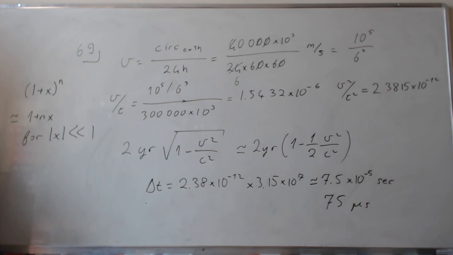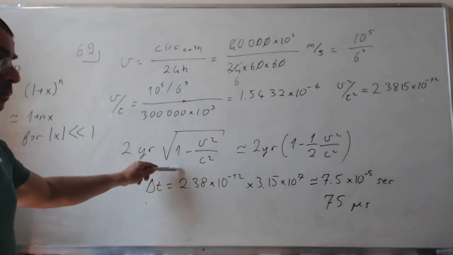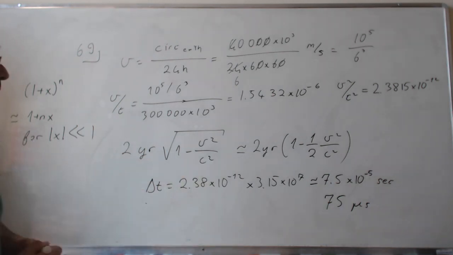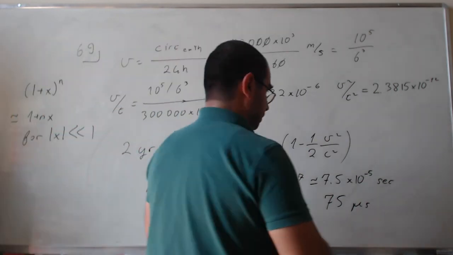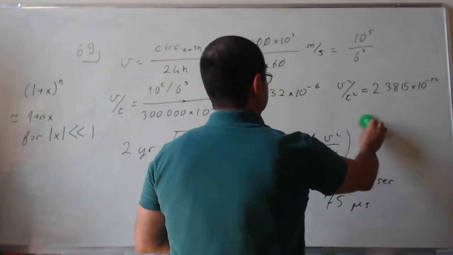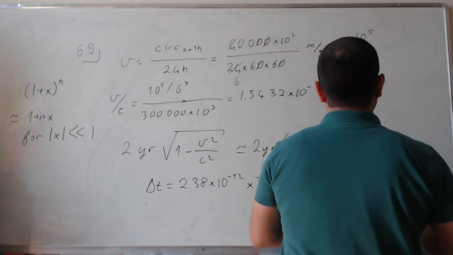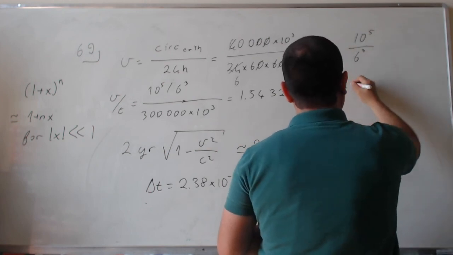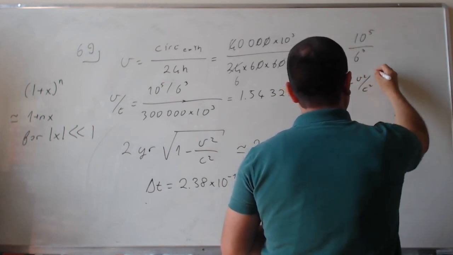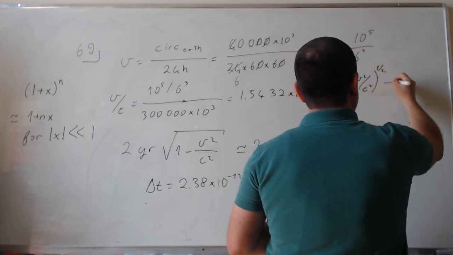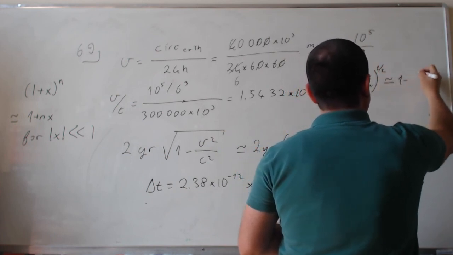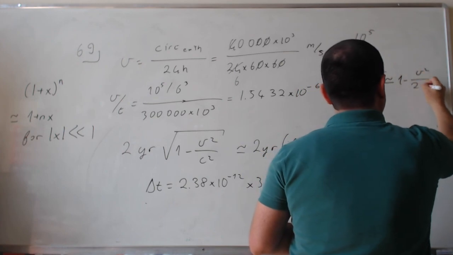Okay? So this binomial expansion is something you're going to do again and again. In this case, this factor was in the numerator. So this 1 minus v square by c square to a half just becomes 1 minus v square by 2c square.